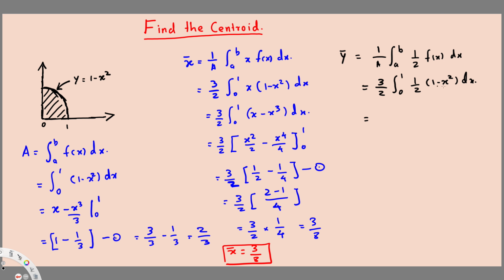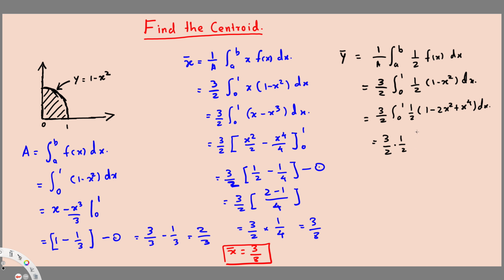Now what we can do is expand this 1 minus x squared. So 3 by 2, 0 to 1, half. If we expand this one, it's going to come out as 1 minus 2x squared plus x power 4 dx. Now we can multiply everything by half. Since it's a constant, I can bring the half to the front.